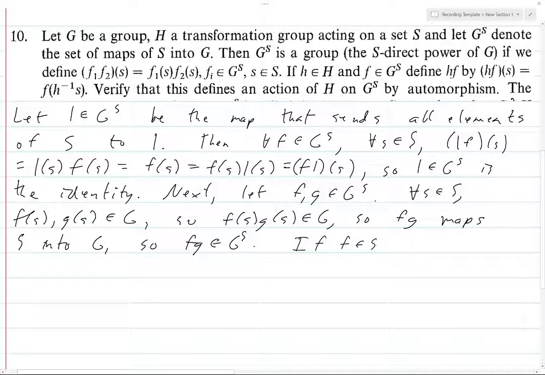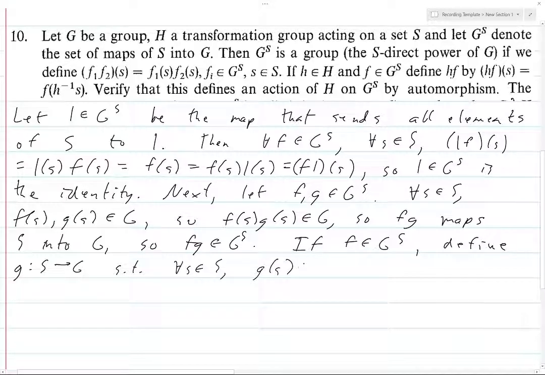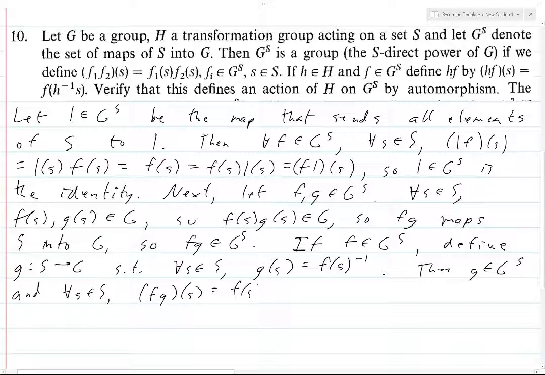The last thing is, if f is in G^S, find g from S to G such that for all s in S, g(s) is, now f(s) is an element of G, so it has an inverse in G. Then obviously g is in G^S because it maps S into G. And for all s in S, (fg)(s) equals f(s)g(s), so that's just f(s) inverse equals 1.